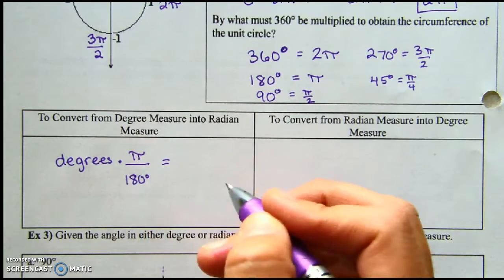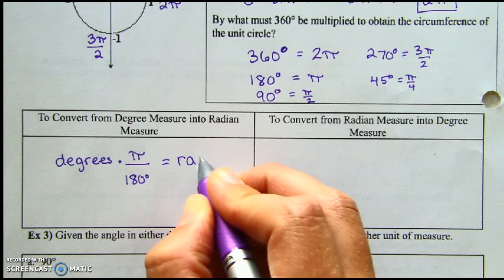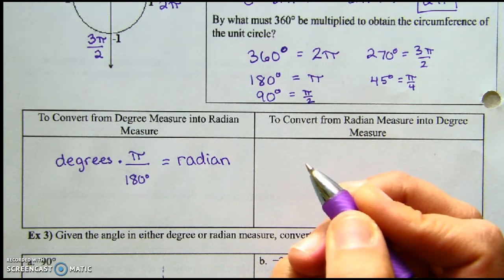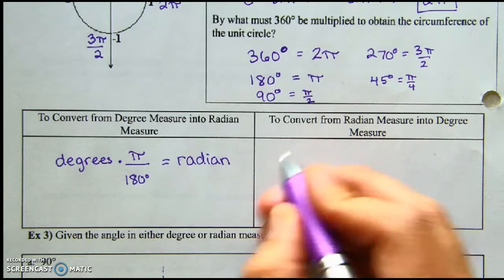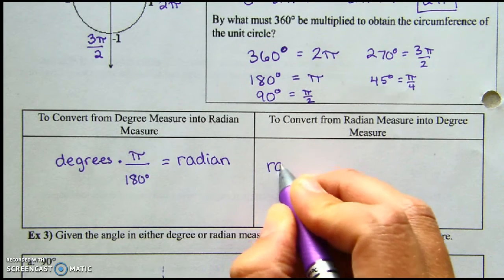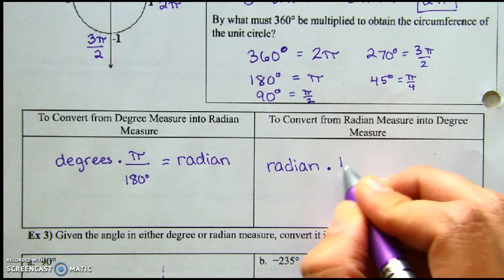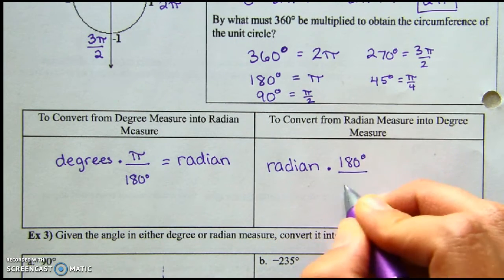The degrees will cancel, and we'll get our radians. To go from radian measure to degree, we'll flip it. We'll do the reciprocal. We'll take our radians and multiply by 180 over pi.